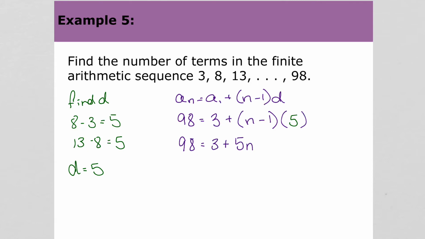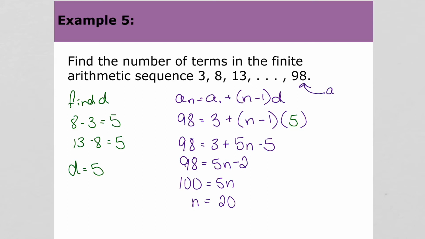That'll be 5n minus 5. So 5n minus 2. Add 2 to both sides. And divide by 5, and we get 20. So that tells us that a sub 20 is 98. So there must be 20 terms in this finite arithmetic sequence.